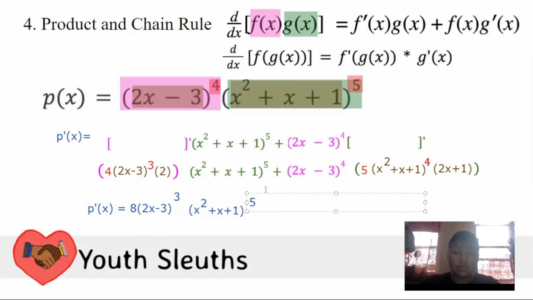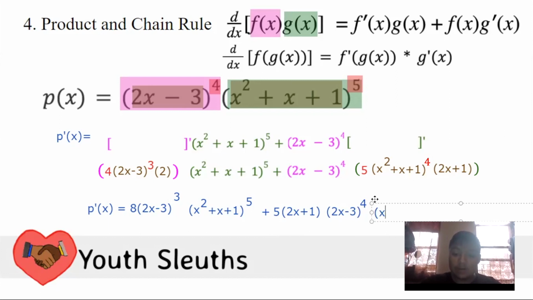So now we'll work on the other side. Again, we have to bring the constants all the way to the front. So the only constant there that we have is 5 on its own. And then as a matter of preference, I would bring 2x plus 1 to the front and have the rest be the same. So we keep this unchanged.